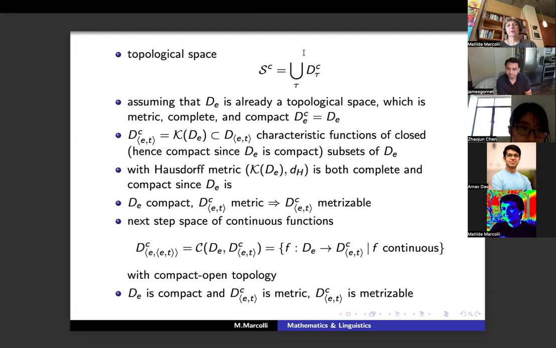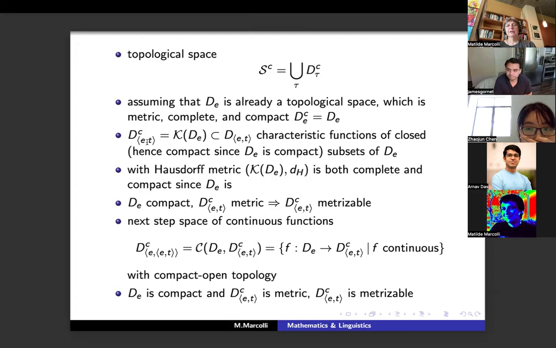So let's say that now we want, so I'm going to decorate all my semantic spaces with some additional thing that reminds me that I'm not looking at them just set theoretically anymore, and I'm trying to put some topological structures on them. And so I start by assuming that my initial type is a topological space that is metric, complete, and compact.